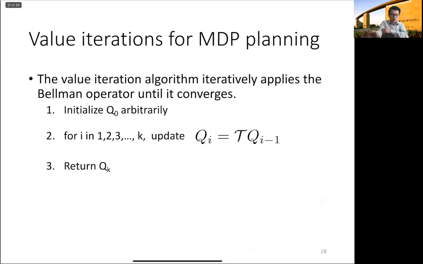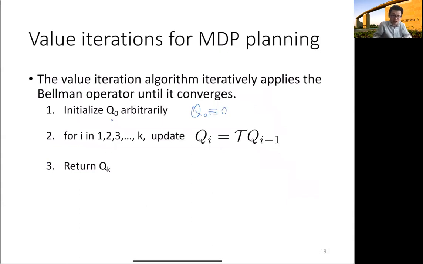All right, so the first algorithm that we'll talk about in this iterative setting is so-called value iteration. It works very easily. You basically initialize Q0 arbitrarily. For instance, you can simply set Q0 to be 0 everywhere.